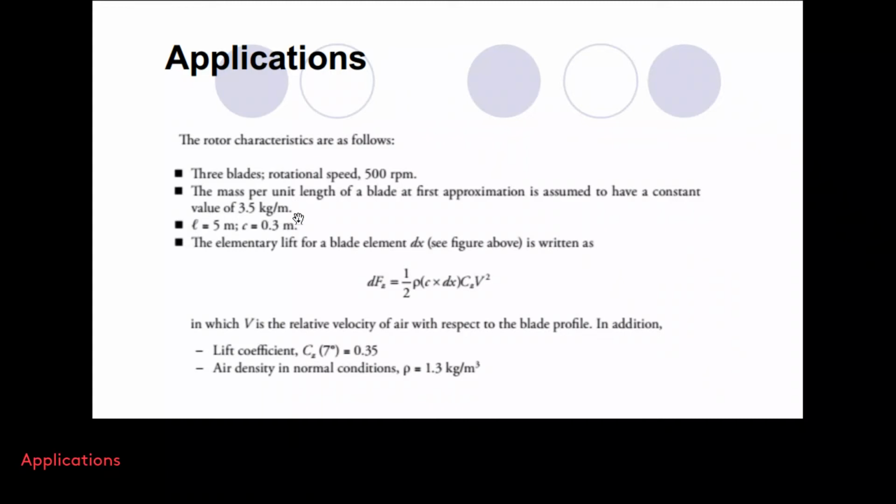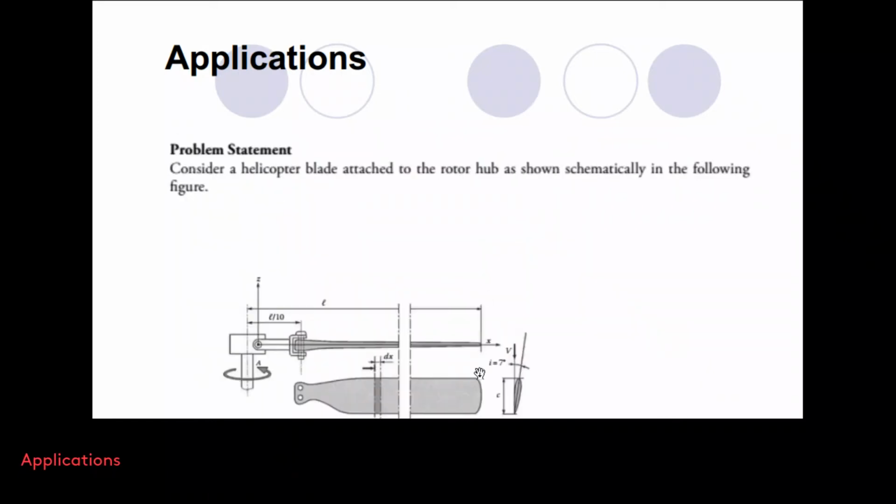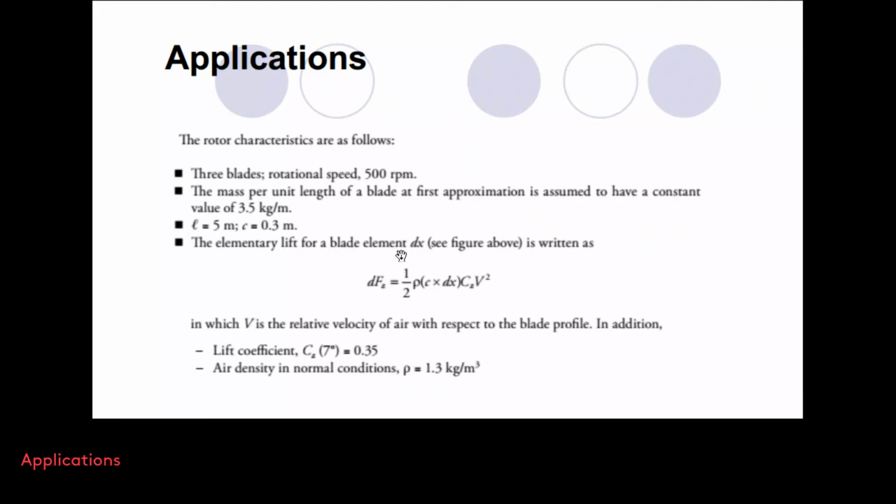Okay, so this is the weight per unit length. Length is given as 5 meters. Chord length is given as 0.3 meters. The elementary lift for a blade element dx, so this is the elementary blade. This is the cross section of it. Is written as dFz.